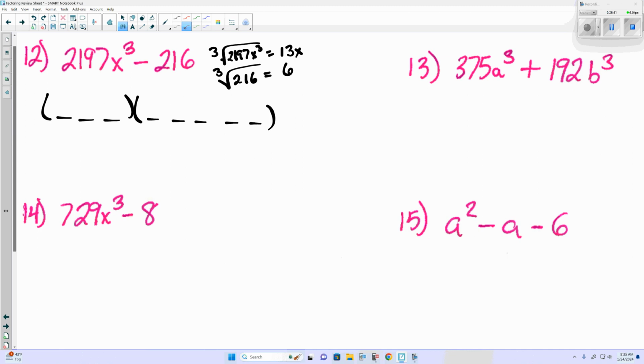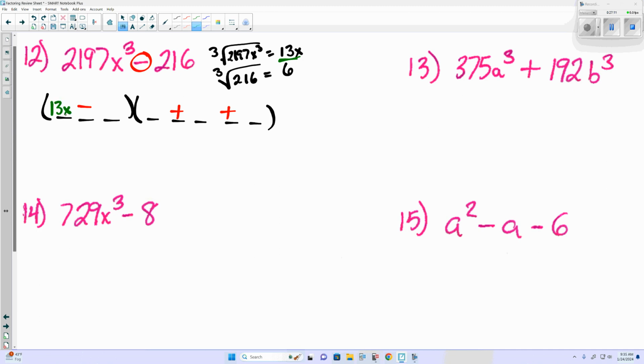Our signs are going to be what? Same, opposite, always end on a positive note. Since our original problem started out with subtraction, our first one is going to be minus. Opposite is plus. Always end on a positive note will be plus. 13x came from the first term, so it's going first.